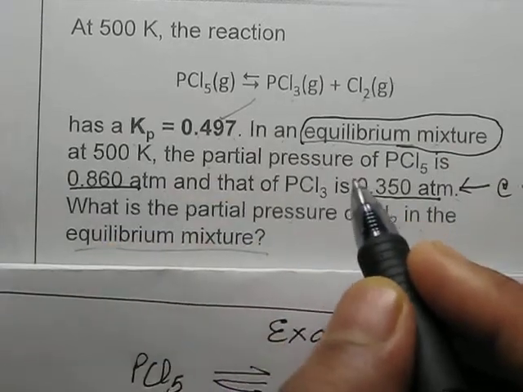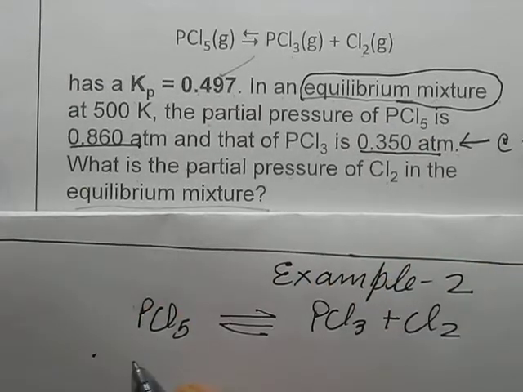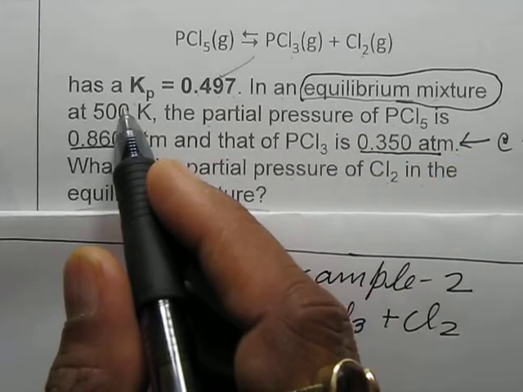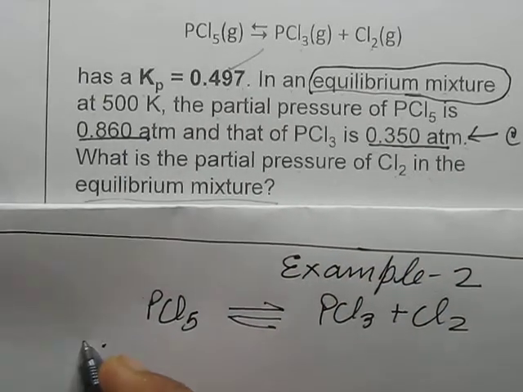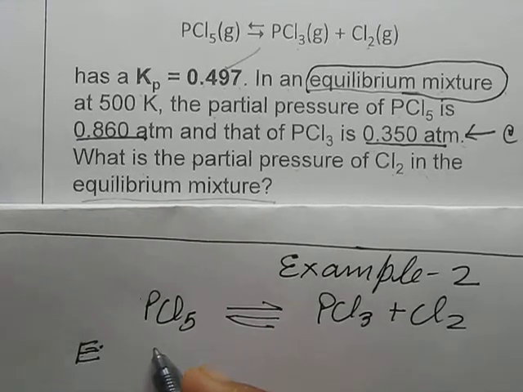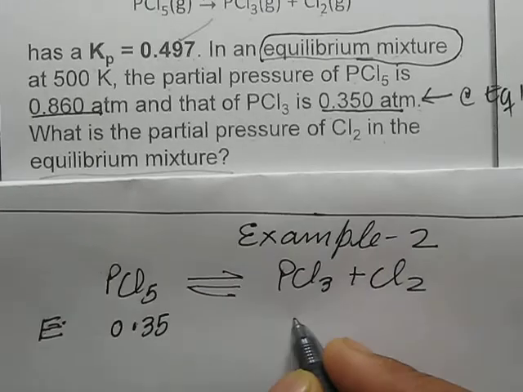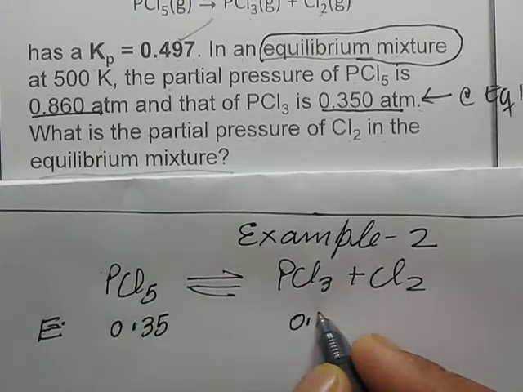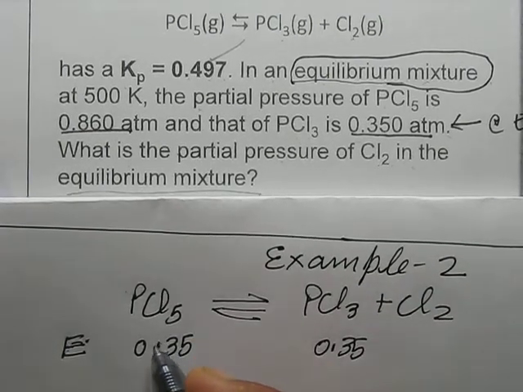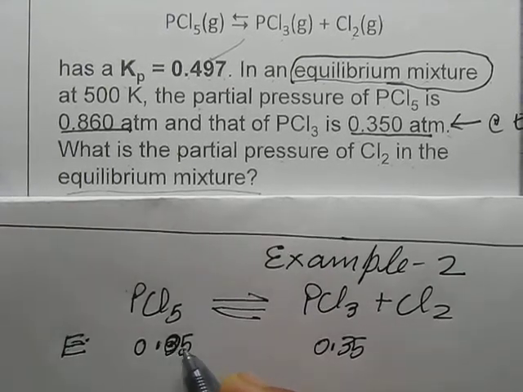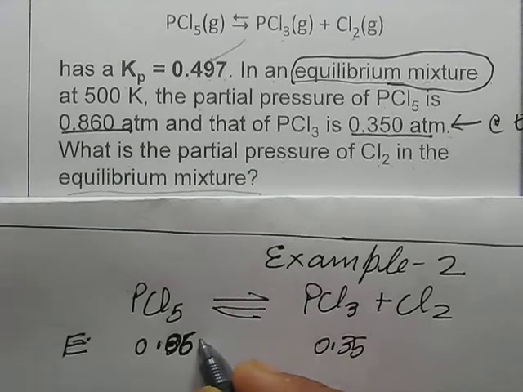This is the difference: if the equilibrium concentration is given, then you need not calculate the initial and change rows. So at 500 Kelvin, the partial pressure of PCl3 at equilibrium is given as 0.35 atmosphere, and PCl5 is 0.86 atmosphere.